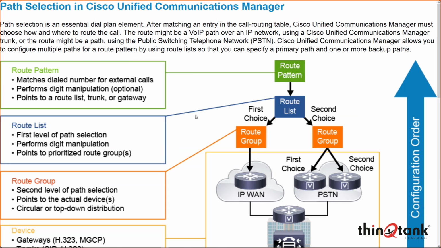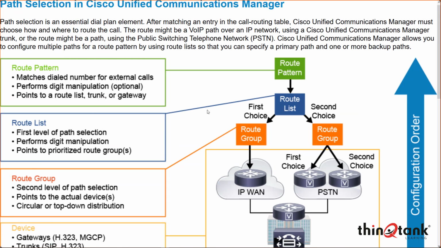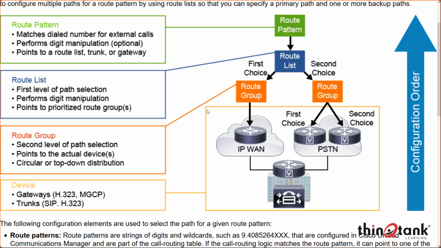So what about the path selection? We talked about this a little bit, very briefly. We looked at the Visio diagram, the flow chart and whatnot. Call Manager, Unified Communications Manager, has a very specific way of matching or routing calls to the PSTN or to a trunk, even an IP-enabled trunk itself.